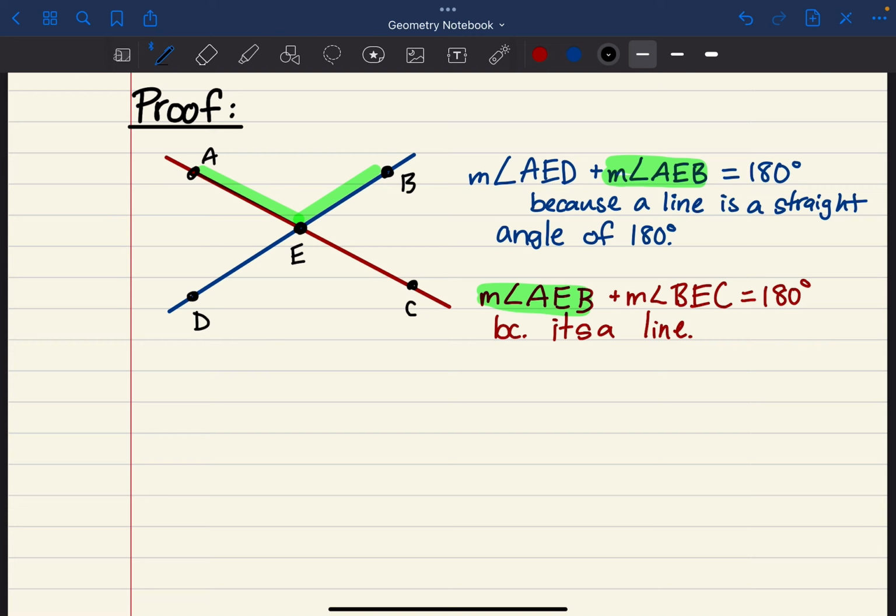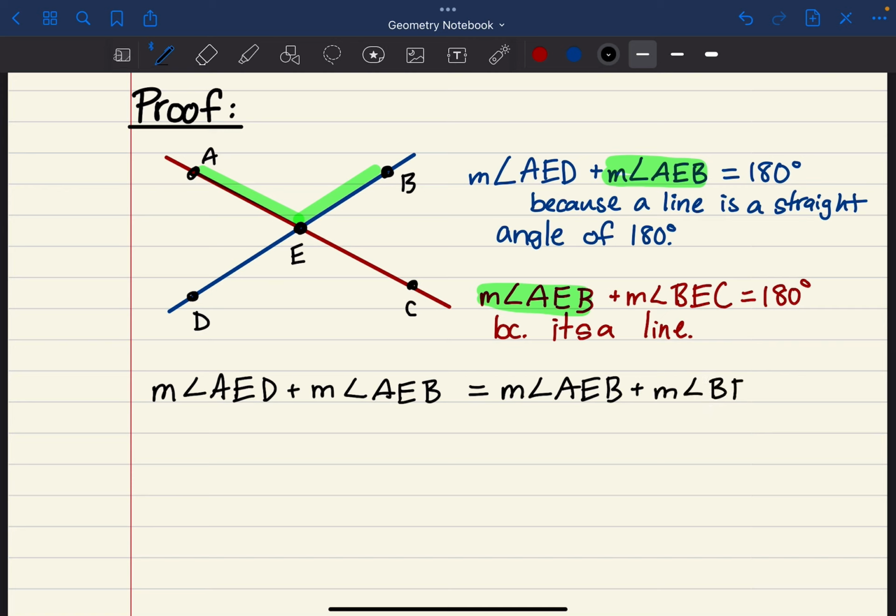So if I know these are both equal to 180, I can put both of them equal to each other. The measure of AED plus measure of angle AEB, that was my first equation, that's equal to 180. And since my other piece is also equal to 180, I should be able to say that the two are equal to each other. So measure of AEB and measure of angle BEC.